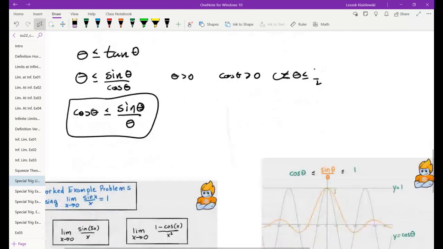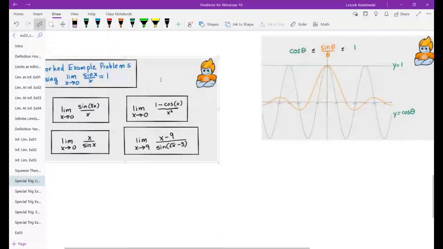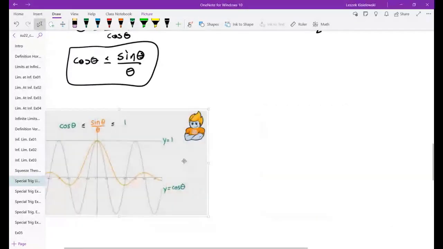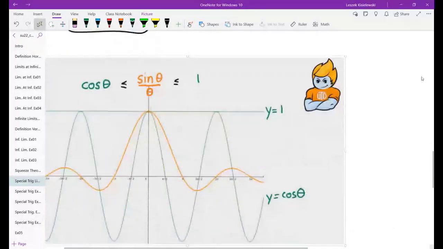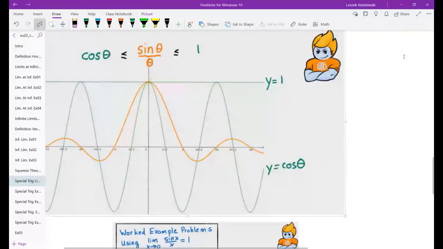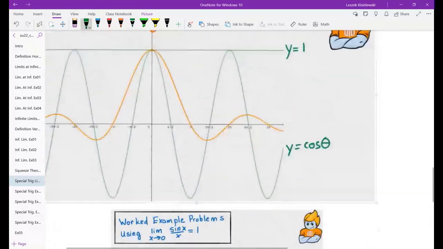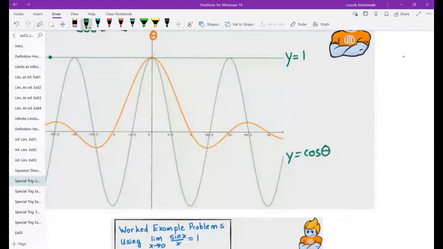And indeed, I was hiding a picture of that. So let's just look at the picture. The graph in orange is sine of theta over theta. Then we have the constant function where y equals 1. And then we have cosine of theta.